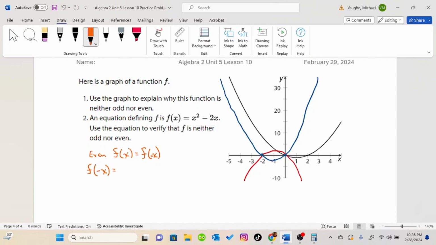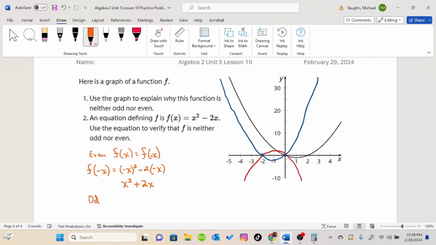F of negative x equals negative x squared minus 2 times negative x. Negative x squared becomes x squared, and minus 2 times minus x becomes plus 2x. This does not match f of x because it's now plus 2x instead of minus 2x. So it's not even.